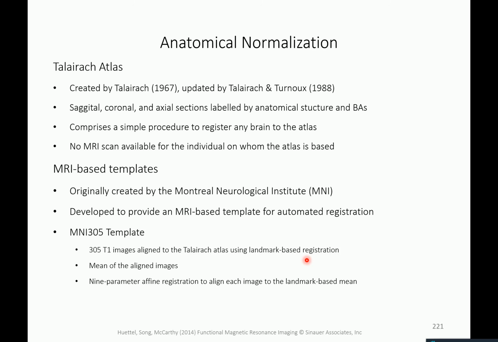And then these aligned T1 images were averaged and created this MNI 305 template. So MNI space and Talairach space are actually the same thing, because the MNI space was generated by aligning these 305 T1 images to the Talairach image.